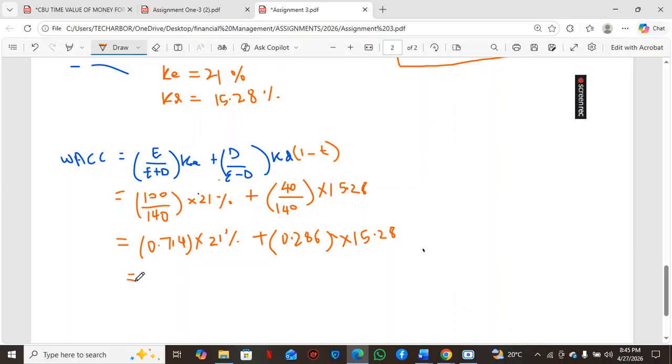So 0.714 multiplied by 21 is 14.994, which we'll just say is 14.99%. Plus 0.286 multiplied by 15.28, you get 4.37%.